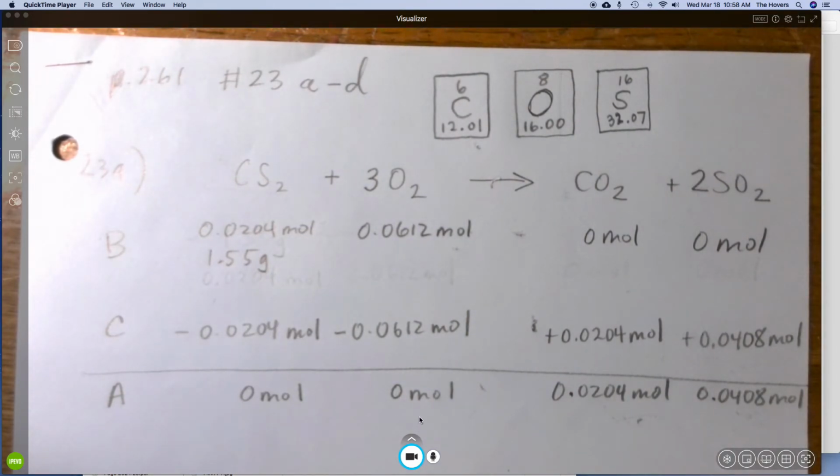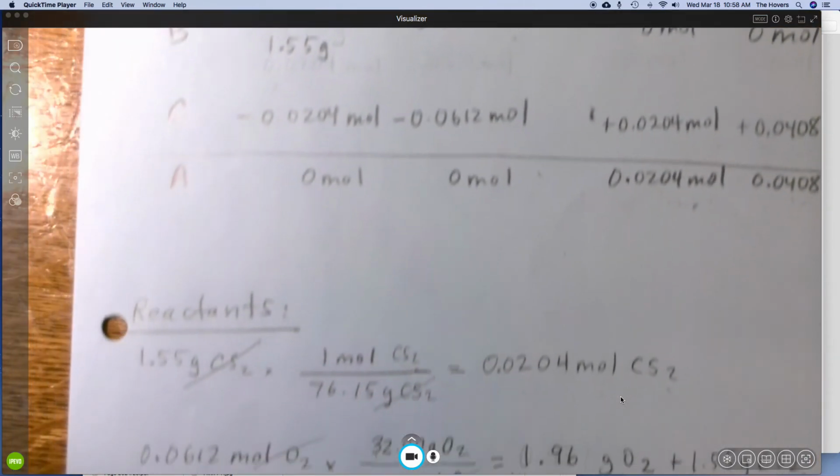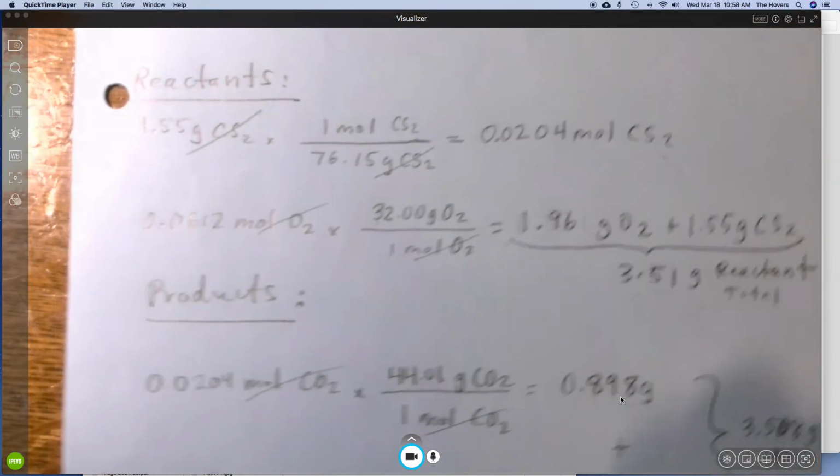So what we're left with after the reaction occurs is no reactant left, this many moles of CO2, and this many moles of SO2. So to really complete the analysis, what they're asking is, how many grams would this be? Let me move down to that calculation.